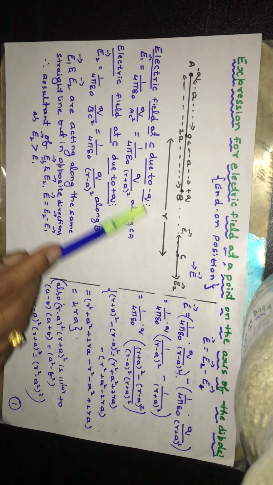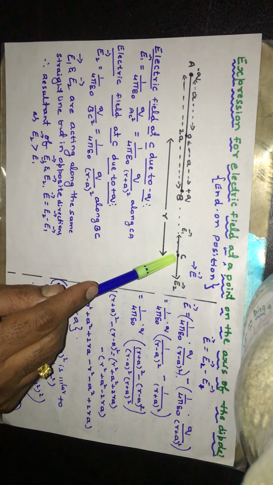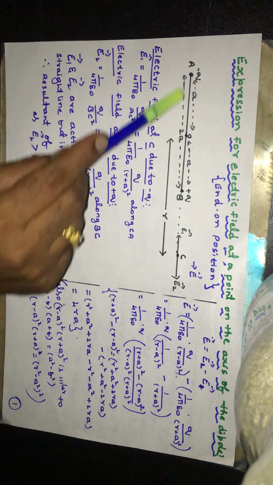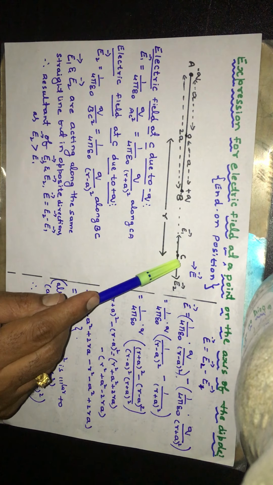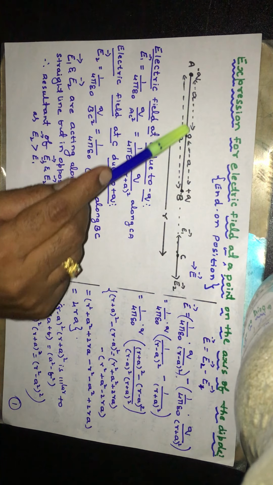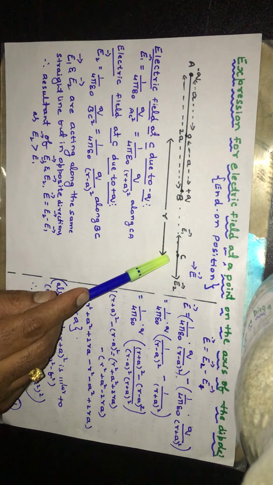Totally 2A. We have considered our reference point as C, which is along the line joining the two charges, but in the direction of the dipole axis, that is, from negative charge to positive charge.